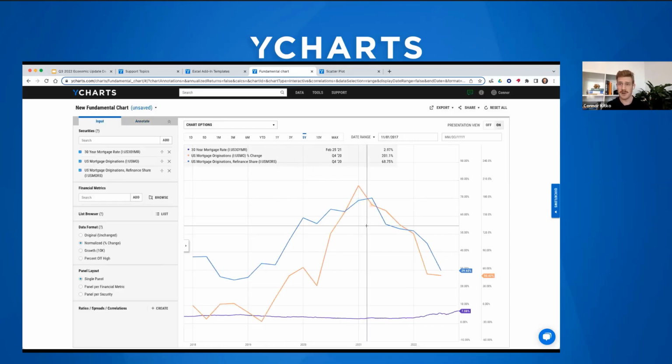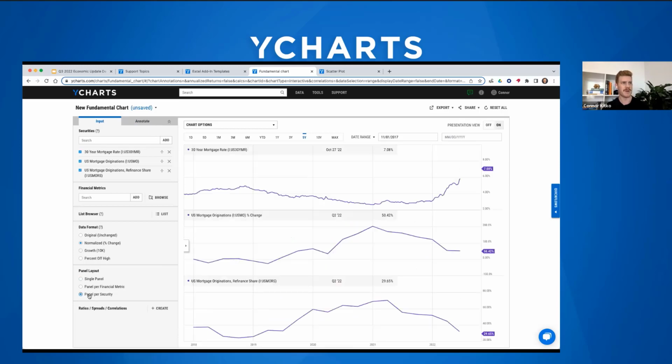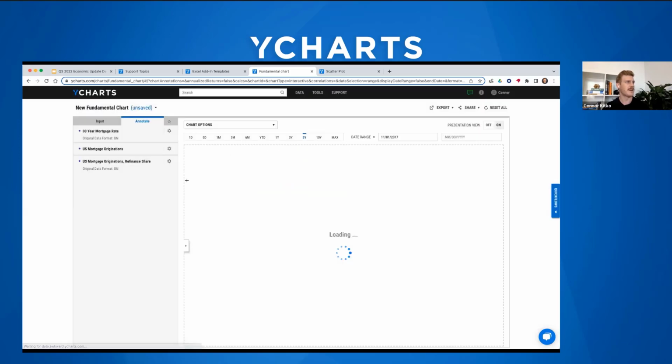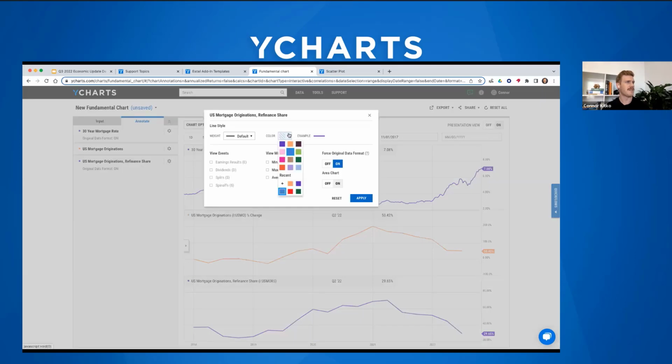Now it still doesn't look like what we saw in the slide, right? But I'm going to go to panel layout and panel per security, or panel per data point or indicator. Now we have everything broken out very nice and neat. If you really wanted to spruce this up even further, we could change the colors here, so each of these stands out from the other.